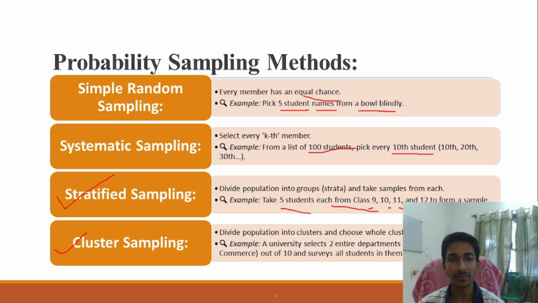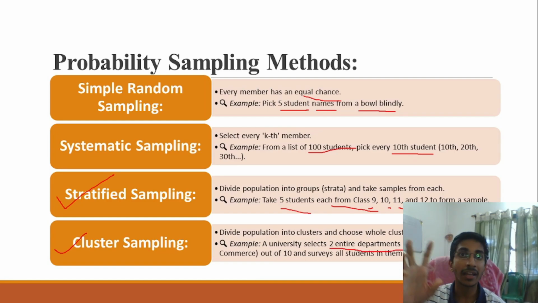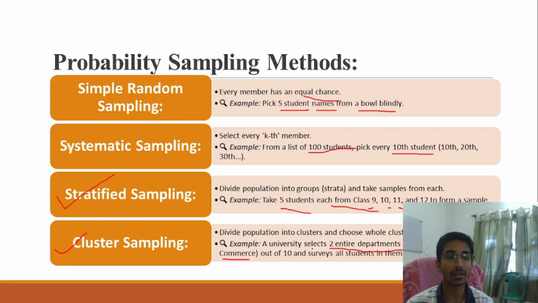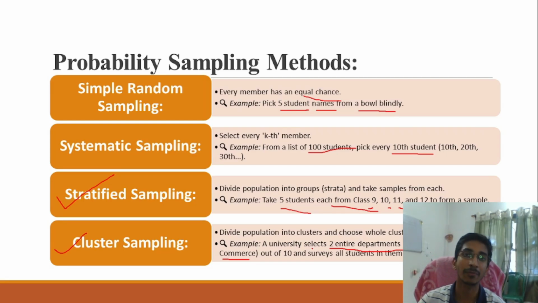Clear? So, for example, a university selects 2 entire departments. Here the different departments are different clusters, and the researcher selects 2 departments, say history and commerce. So these 2 departments are 2 clusters. We select the whole department. So it's called cluster sampling.